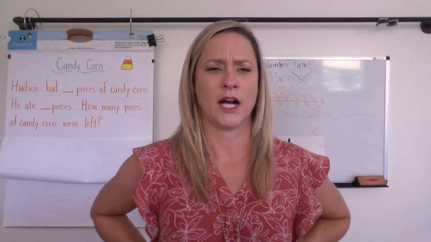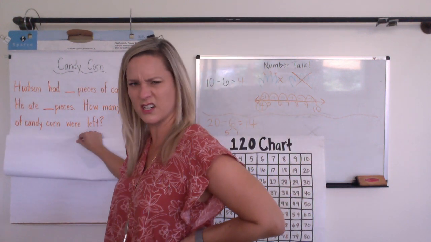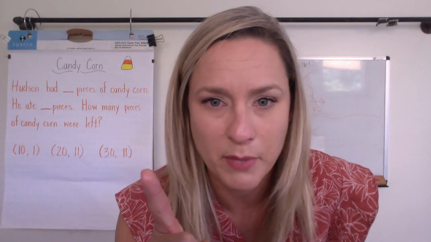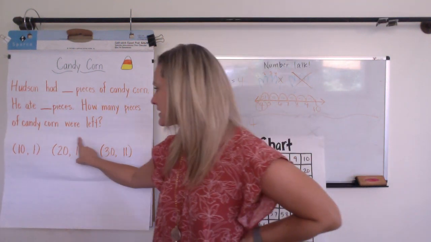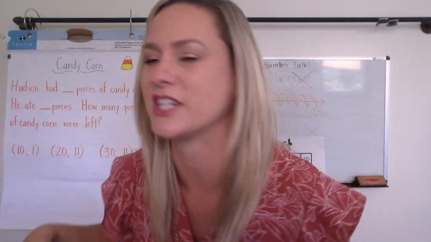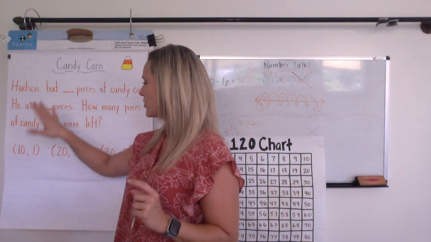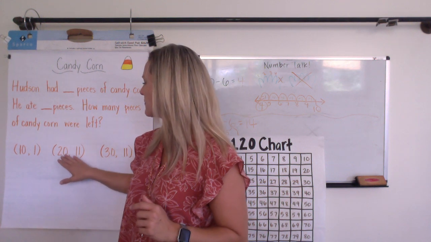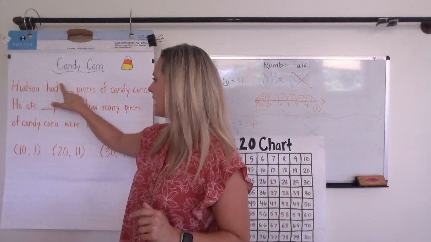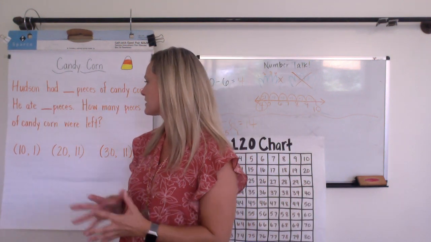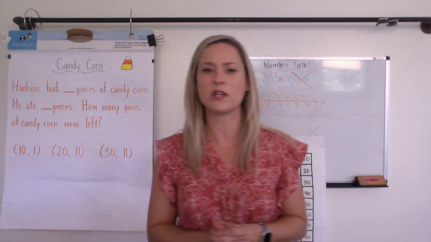Okay, so Hudson had, let's see our number sets, 10 and 1, 20 and 11, 30 and 11.